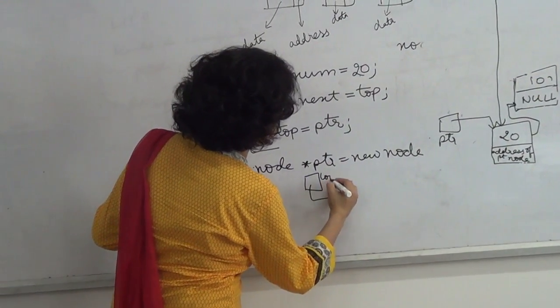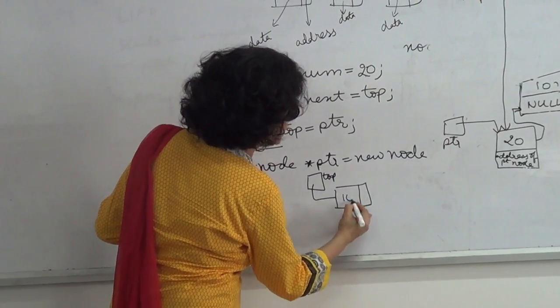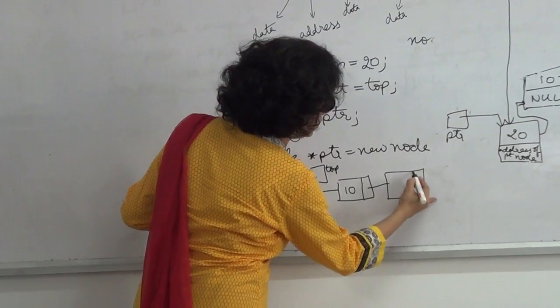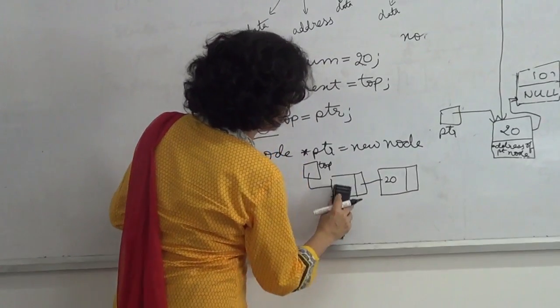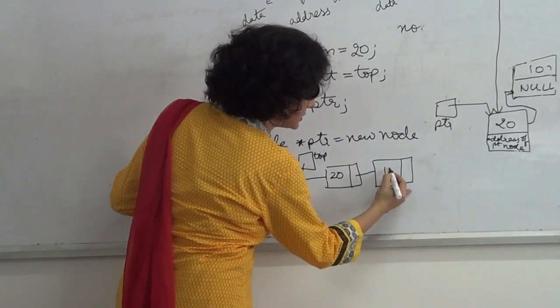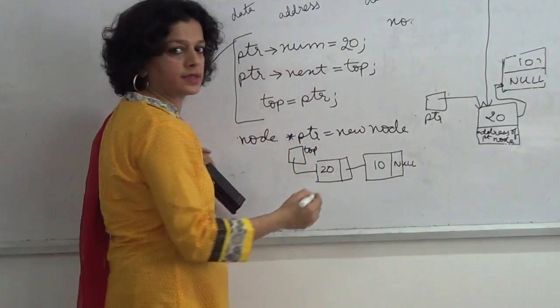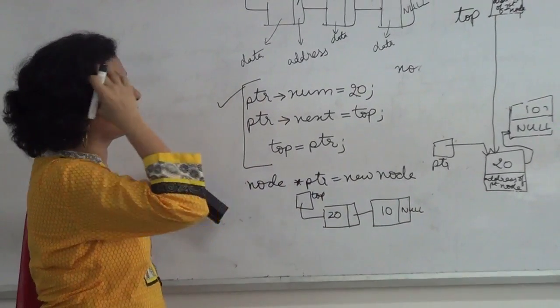This is top pointer which contains the address of first node in which 20 is stored, and first node contains the address of second node in which 10 is stored. And the second node contains 10 and there is null value stored in the second node, which indicates that there is no node after this node.